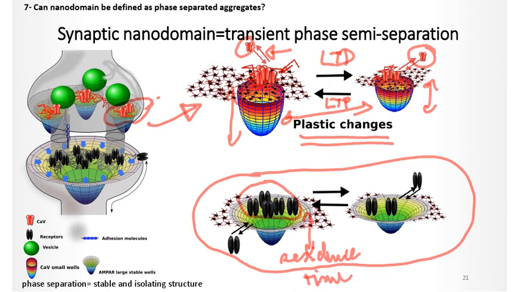So from here to here, we would go with a type of LTD protocol, which leads to a size reduction, and thus the number of receptors inside, or the residence time, is lower. The receptors spend less time here.